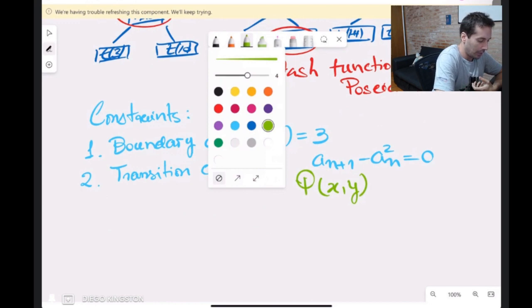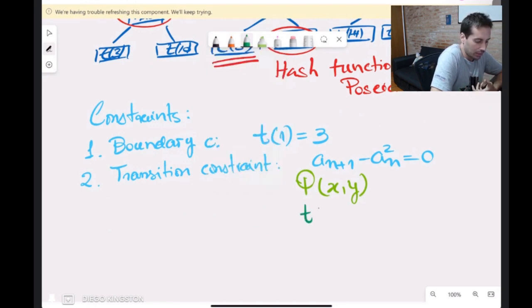So what we can do is, for example, if we want to say that we are taking some element of the trace, we'll just denote it by t of x. And the way of saying I am going to take the next value is just by doing t of g of x.